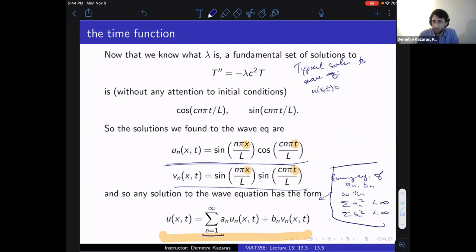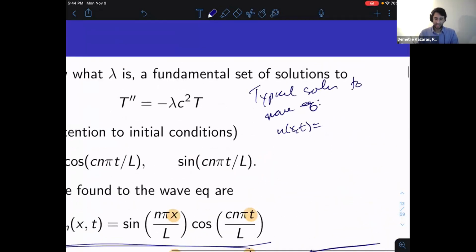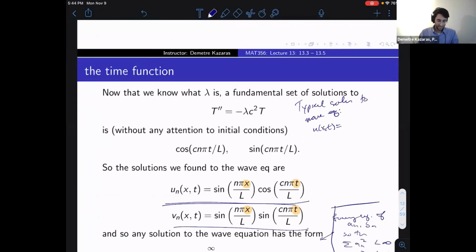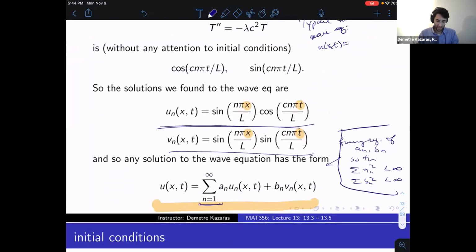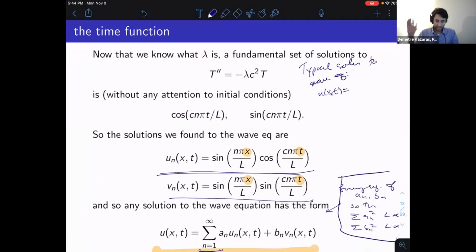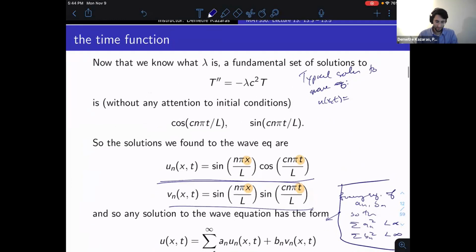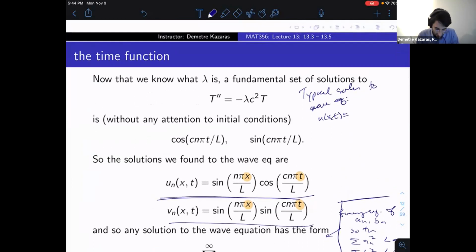So let me just give you an idea of what kind of territory we're entering into. So one of the basic solutions, say like all of the bn's are 0 and all of the an's are 0 except like a4. So then it would just look like sine of 4 pi x over L times cosine of, so let's just say that c is 1.